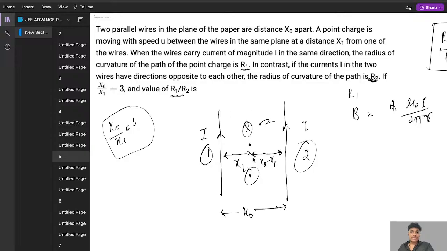If you apply the right hand thumb rule, you find the direction. Okay, it is in the cross direction due to 1 and this is due to 2, right? So if we take dot as the positive direction, we just have to find the magnitude, right? Then there is no issue of taking which direction is positive or negative, right?